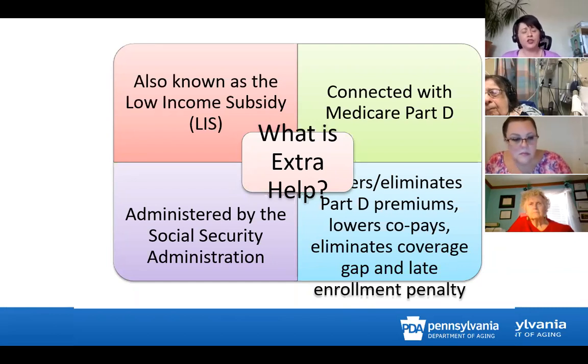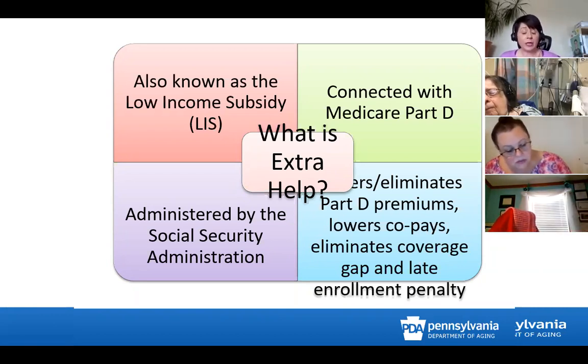So if an individual qualifies for this Extra Help program, their Part D premium and their Part D deductible will be greatly reduced or eliminated, depending on where they fall into the extra help benefit.